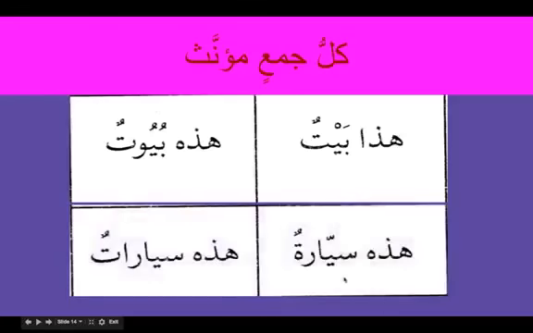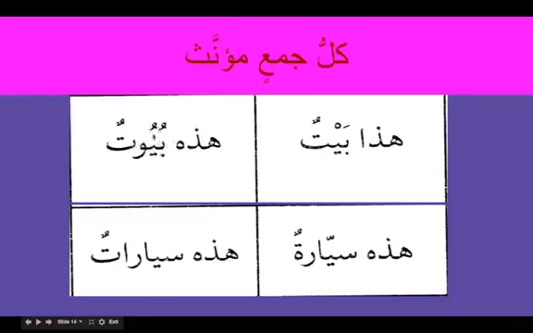If it is hadihi sayyaratun, why hadihi? Because of the ta marbuta, it's a feminine noun, so we use hadihi. But we use hadihi again if it is a plural. So whether it is feminine or a plural form, we use hadihi, no matter if the noun is mudhakkar or muannath.